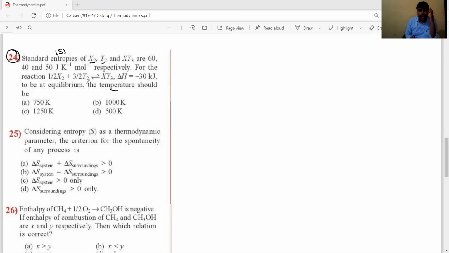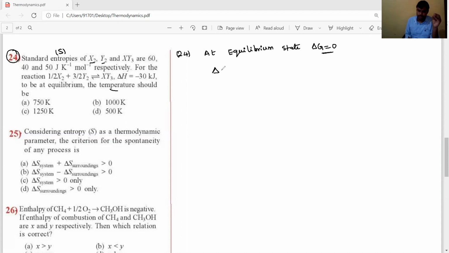First at equilibrium state, delta G is equal to 0. The change in free energy is equal to 0.